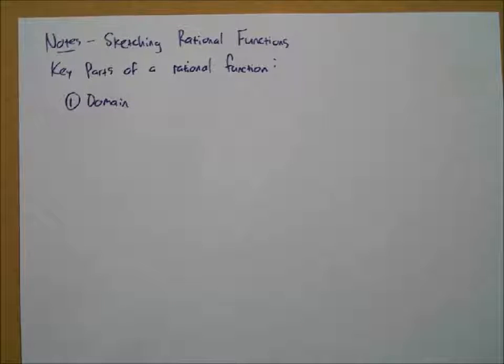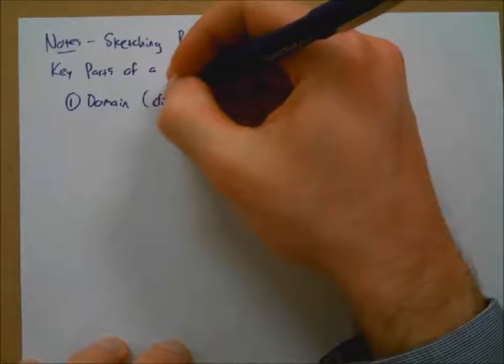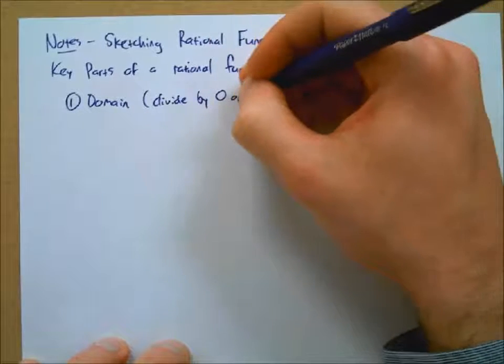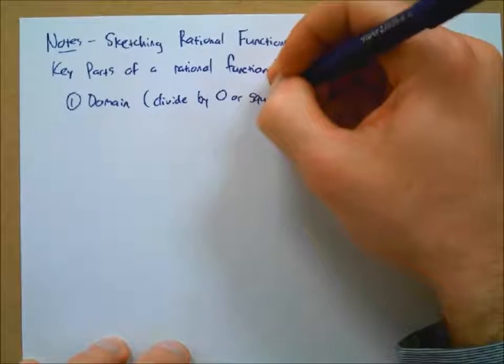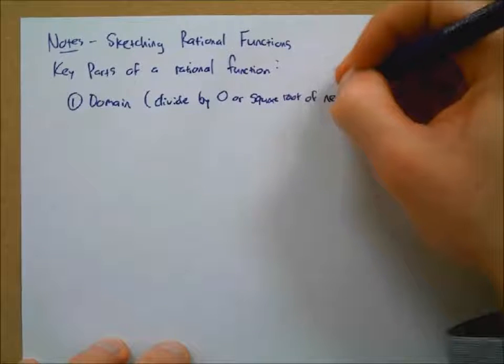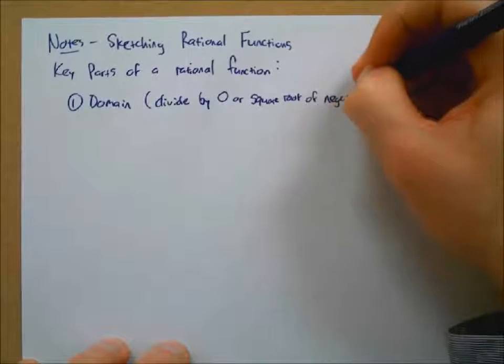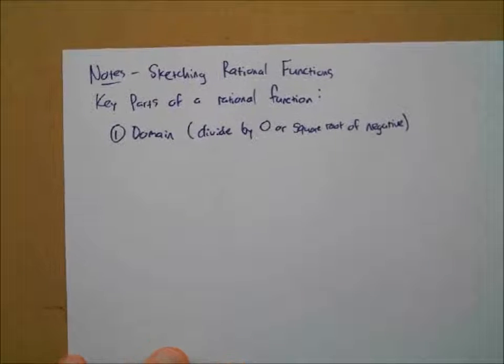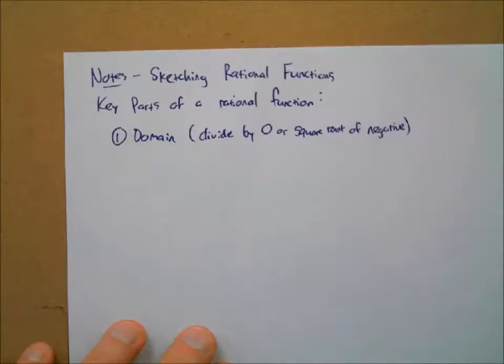Square roots and the denominator. Okay, right. So we don't want to divide by 0. You also want to look for square roots of negatives, or even-powered roots of negatives too, right? We keep it real. No imaginary numbers.